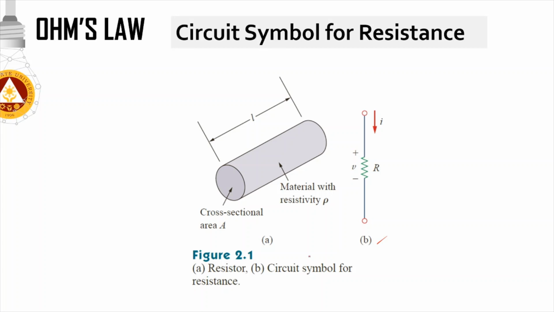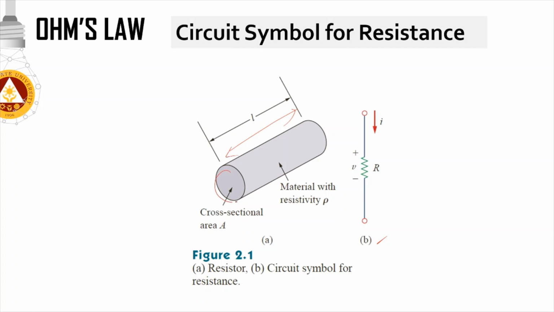And kapag ang problem is about the resistivity of material, halimbawa pinapahanap yung resistivity ng material, we should note that if, for example, cylindrical yung ating material or it is a wire, so pwede natin siyang i-figure as ganito. Okay, the length, ito yung length ng ating material.